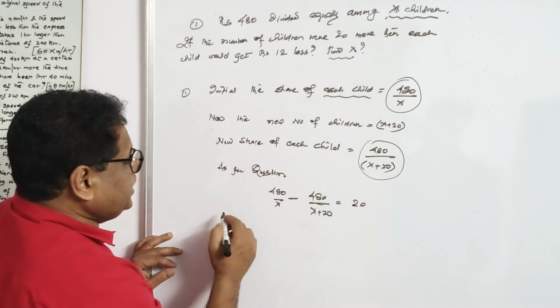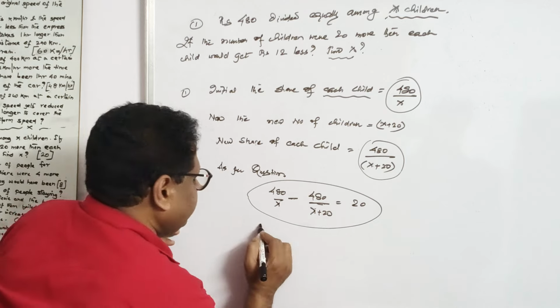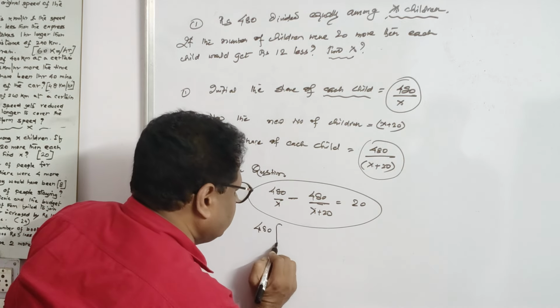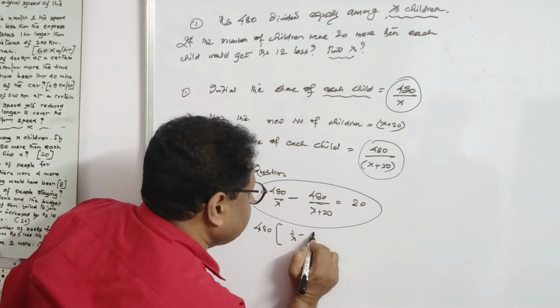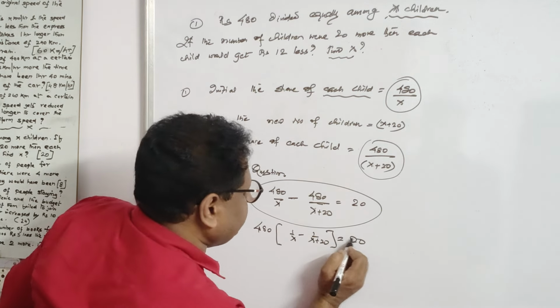You can solve this equation. Take 480 common, that will make it simpler. It's 1 by x minus 1 by x plus 20 equals 20.